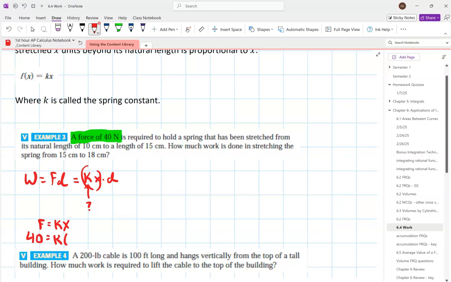I'm going to choose to write that 5 centimeters as meters. So you've got to be careful about that. Your textbook in particular is not kind with you about units, so you do have to pay a little bit of attention there. Remember, newtons, everything has to be in meters and kilograms. So if I do that, I get k is equal to 800.